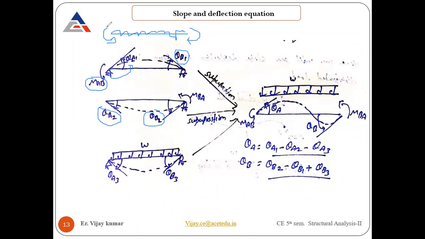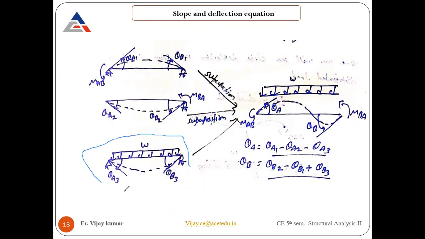I take first this one, second this one, third is the UDL. Due to the UDL in the downward direction, it will try to deflect the beam as it is showing in the third image, with theta A3 and theta B3. So there are three segments, and theta A3 comes due to the loading which is acting.